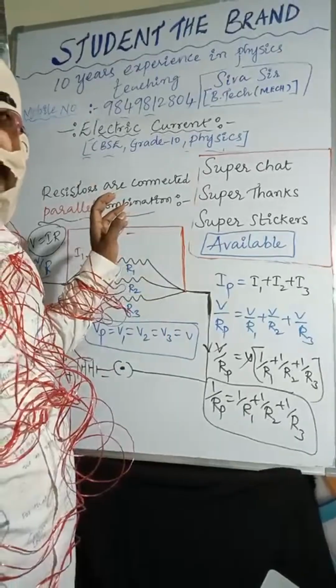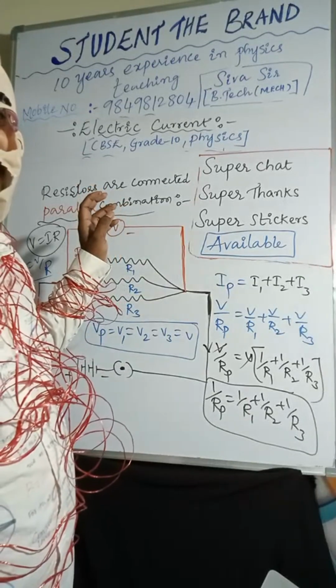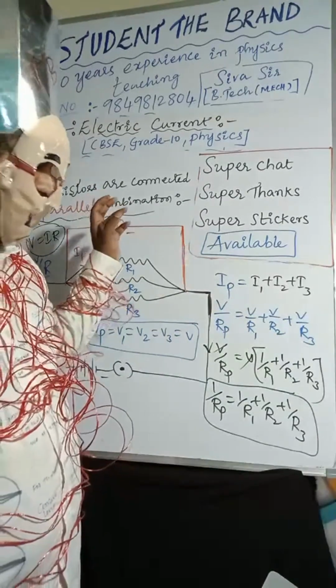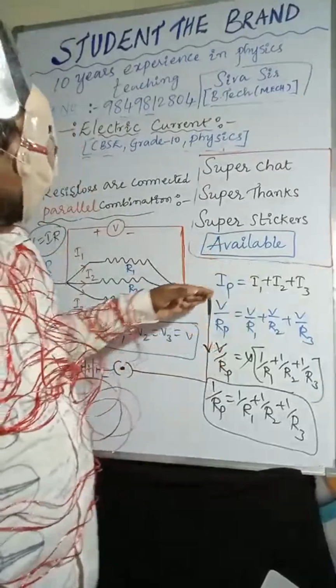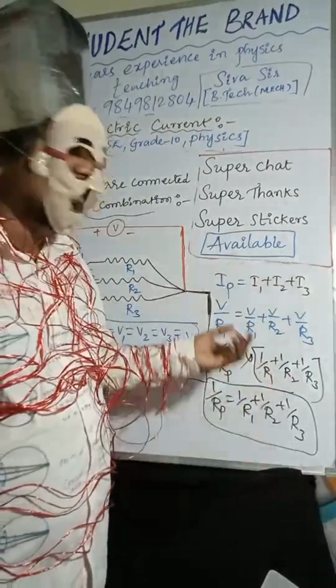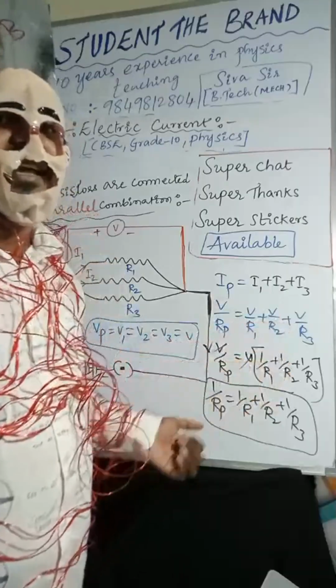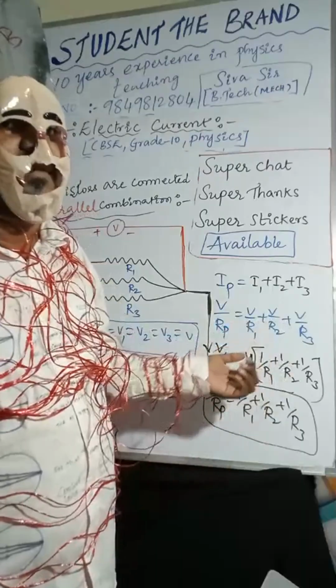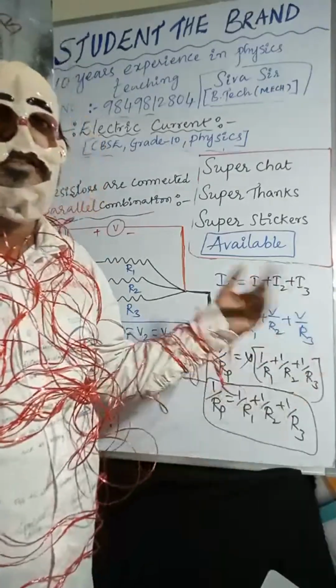So that's why I equal to I1 plus I2 plus I3. V by RP equal to V by R1 plus V by R2 plus V by R3. I'm taking V common, V will get cancelled. The remaining value is 1 by RP equal to 1 by R1 plus 1 by R2 plus 1 by R3.